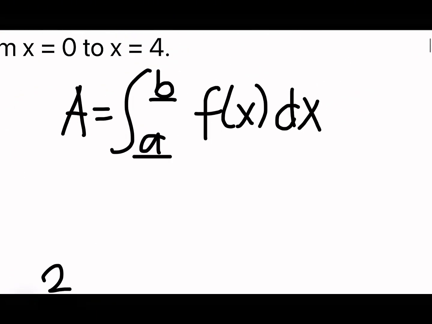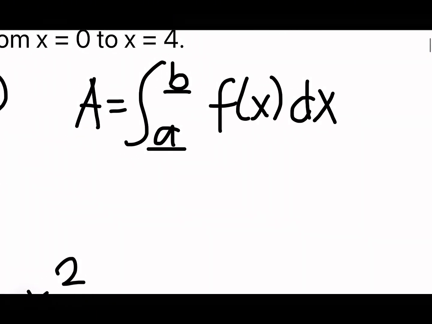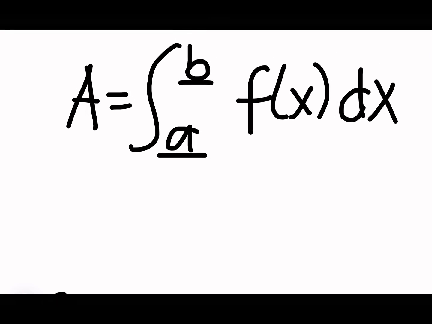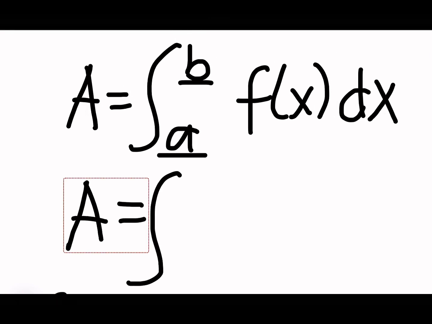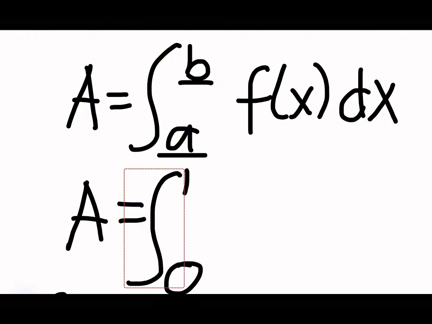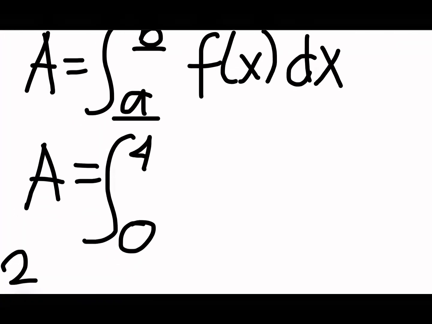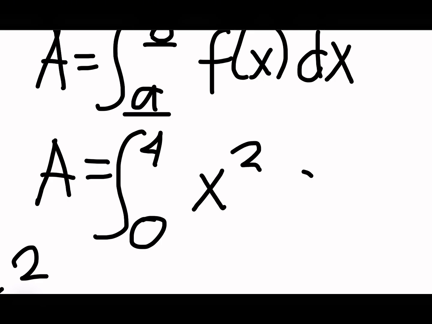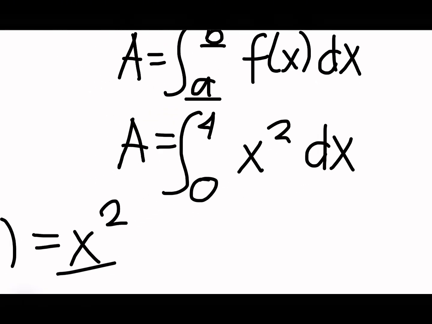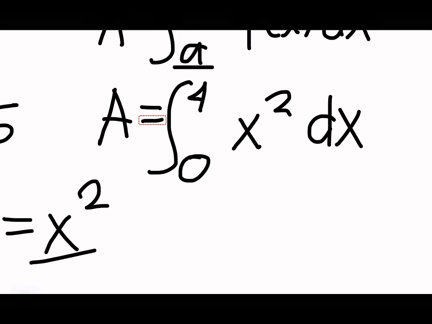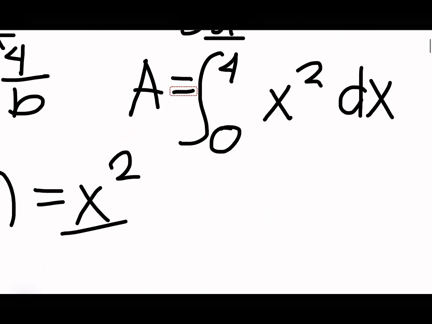So now we're going back to our formula. We're going to substitute a is 0 and b is 4, and f of x is x squared, dx. So now we're going to use the power formula.